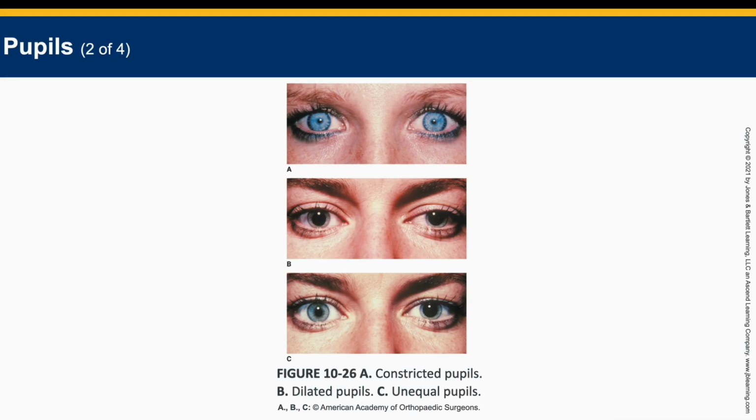In image C, the pupils are unequal in size. Unequal pupils can be a very important finding and may indicate a serious neurologic issue, such as increased intracranial pressure or head trauma. When assessing pupils, we should check size, equality, and reaction to light, and document whether the pupils are equal, round, and reactive to light or not.